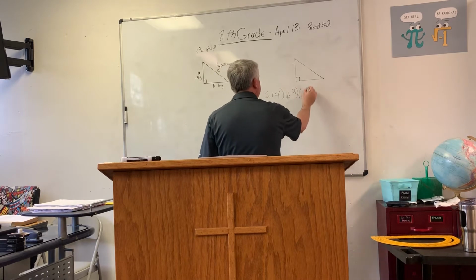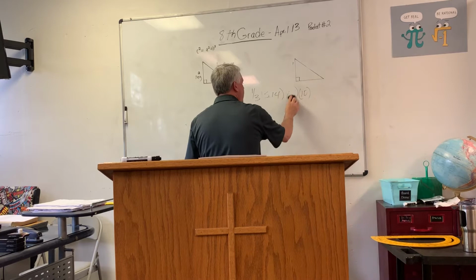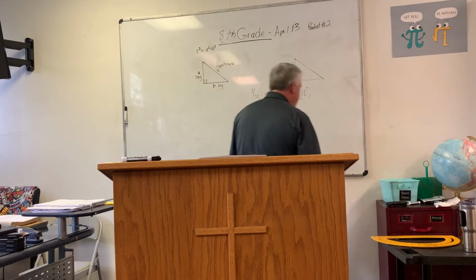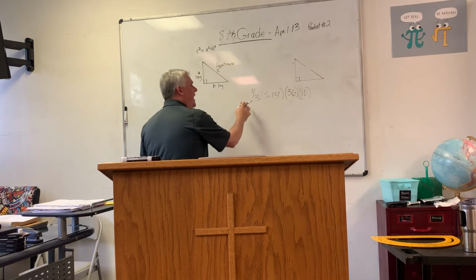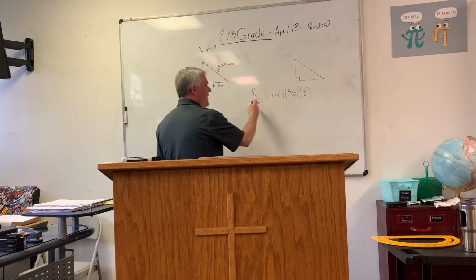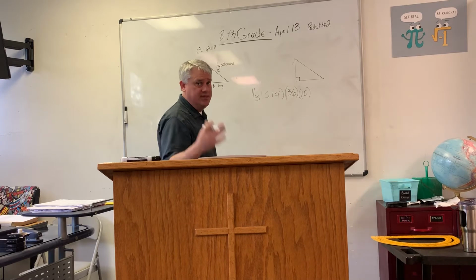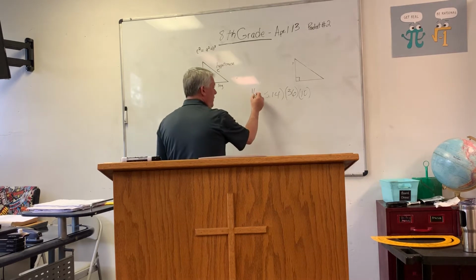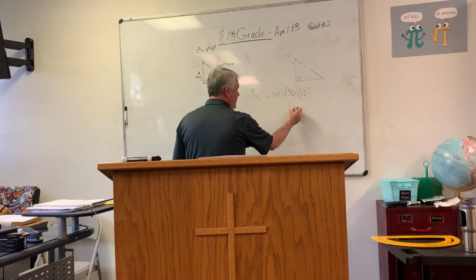So 6 squared is 36. Now, I can multiply in any order, so I'm going to look through these 3. Are any of them divisible by 3? 36 is. So it's easier, class, to go ahead and take 1/3 of 36. 3 into 36 would be 12.